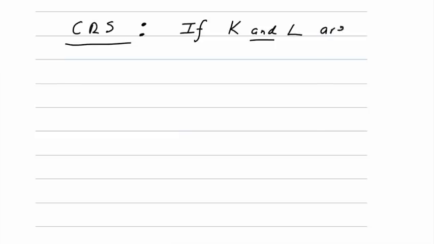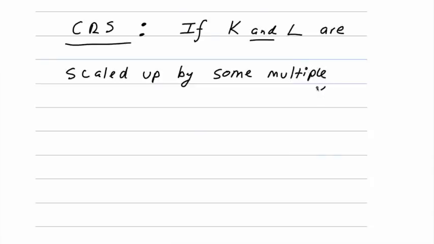If both labour and capital are scaled up, let's write it like this, by some multiple or some factor, and I'll use the Greek letter lambda as my shorthand notation for that factor.